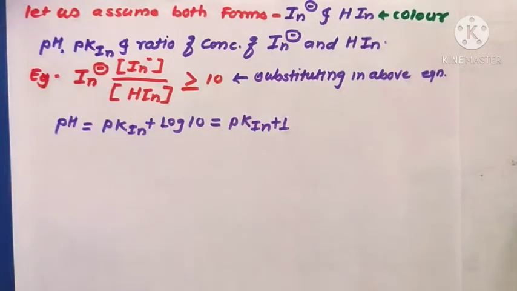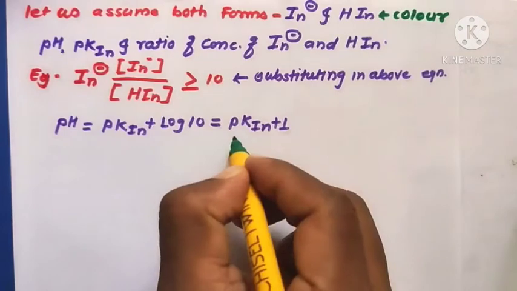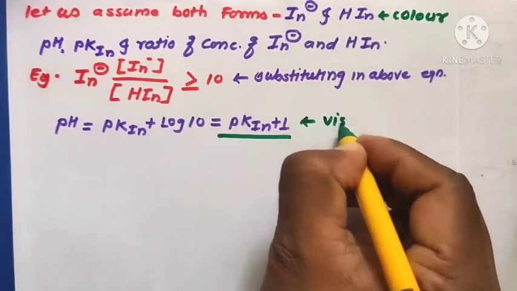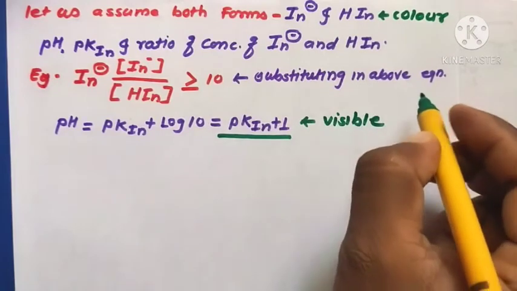Therefore, the above equation suggests that the color due to In minus will be just visible at the pH equal to pKin plus 1.